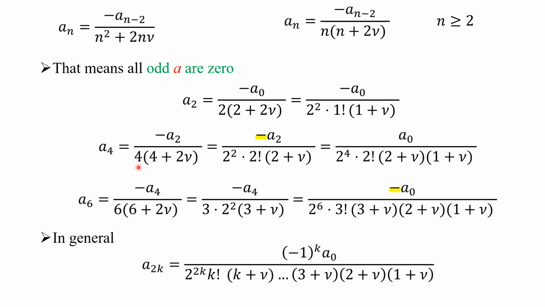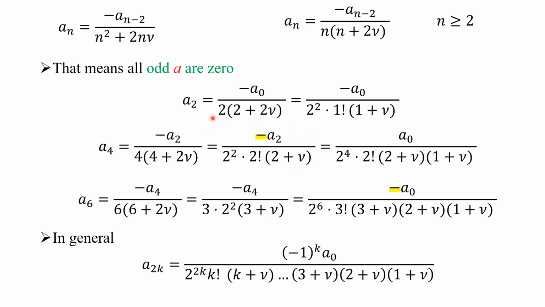So this 4 I am writing as 2 squared. I am taking this 2 outside, that is I am writing as 2 factorial, so 1 into 2, 2 factorial. I am taking 2 as common from this value 4 plus 2ν, so that 2 comes out. So within the bracket you will have 2 plus ν.